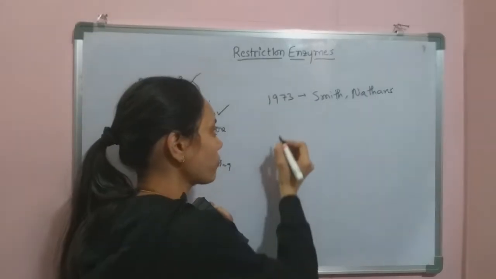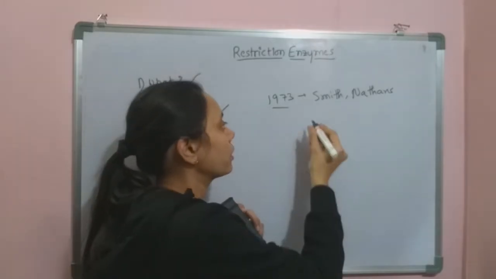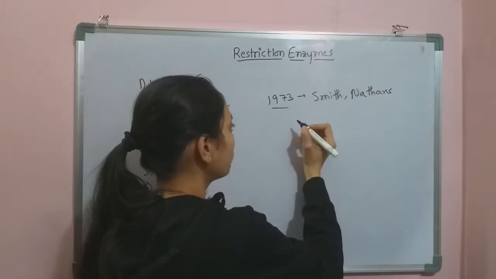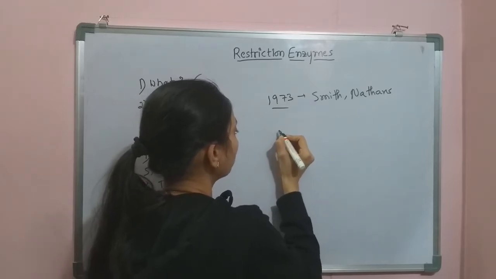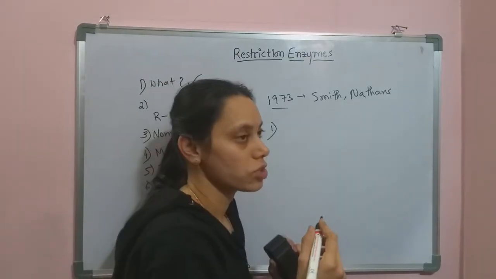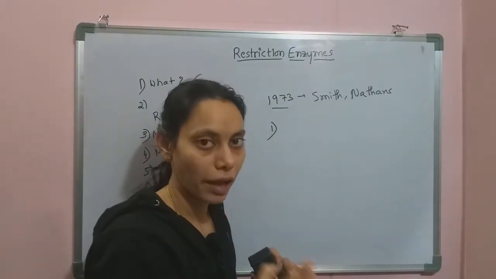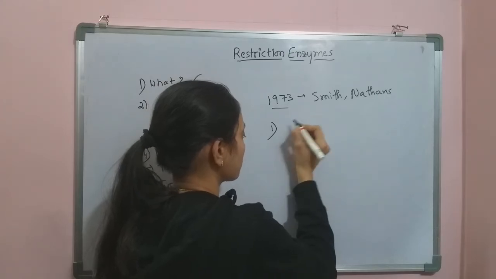So these rules of nomenclature were made by these scientists, and here we have rules like: first, we need to give a restriction enzyme a three-letter acronym. That means there must be at least three letters.